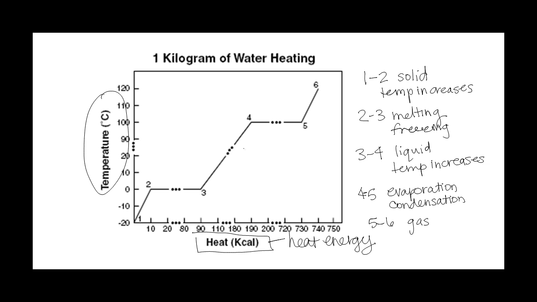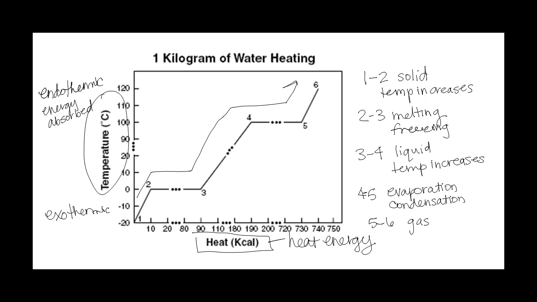Now, one more thing we can look at here, which is actually very interesting, is when do endothermic processes happen? And when do exothermic processes happen? So endothermic means energy is absorbed. So when we're talking about which direction our process is endothermic, it takes energy to move from a solid to a liquid to a gas. So if we're moving in this direction, those are going to be endothermic processes.